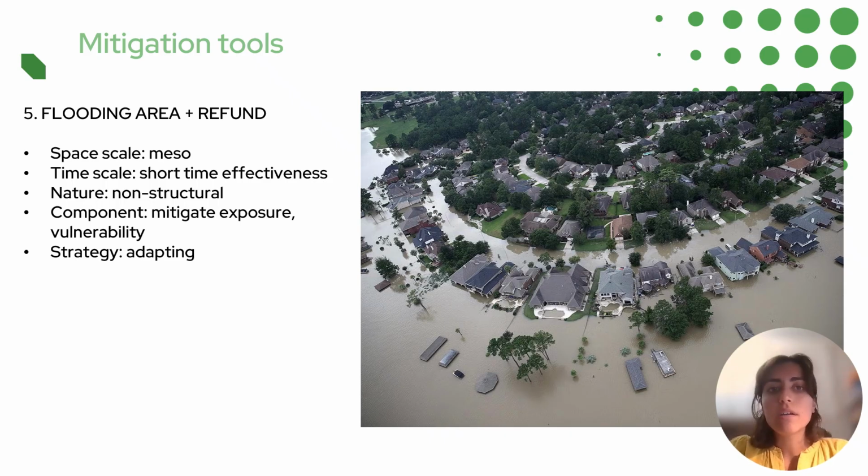The main goal here is to reduce exposure and vulnerability, rather than eliminating the hazard itself. The strategy is adapting, because it accepts that floods cannot always be avoided, and instead focuses on minimizing the impacts, often combined with financial compensation for those affected.